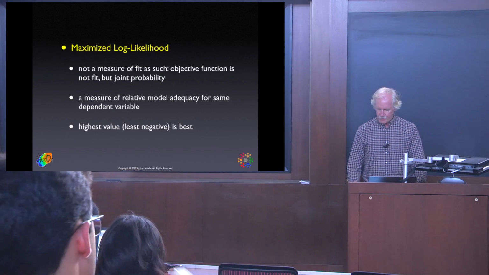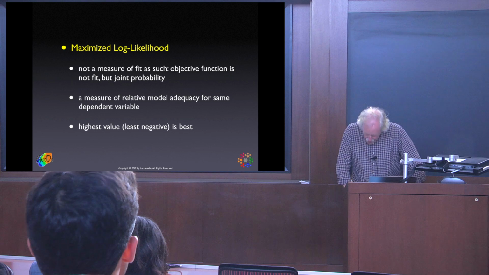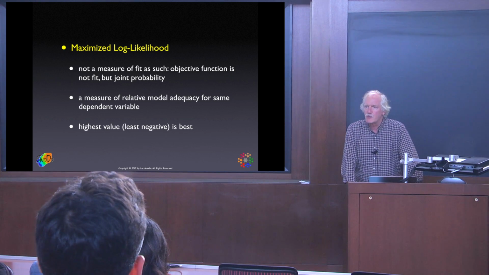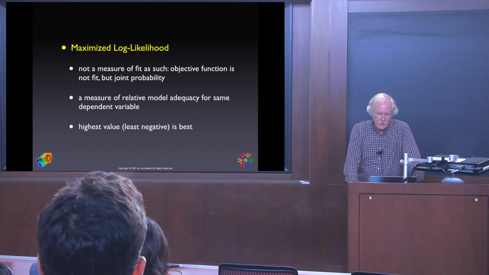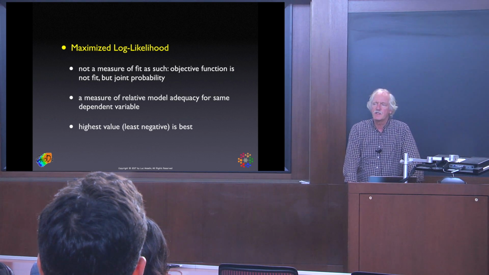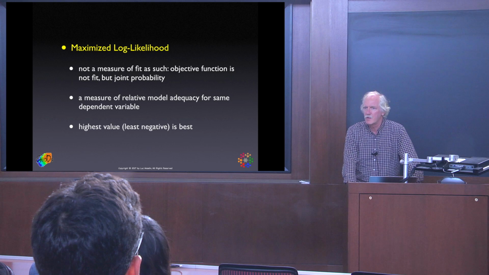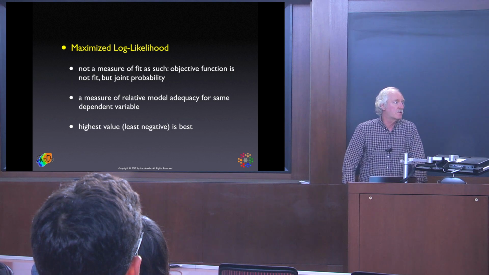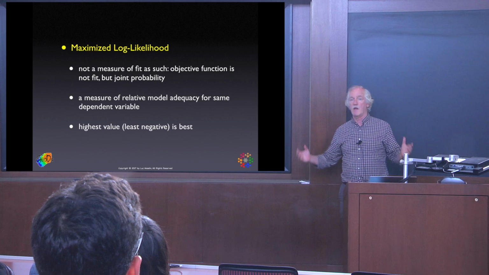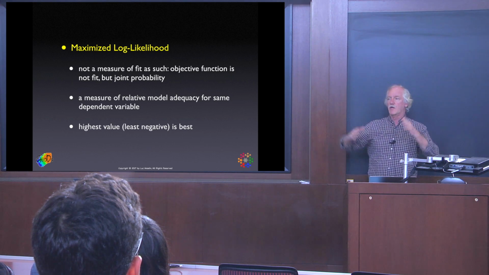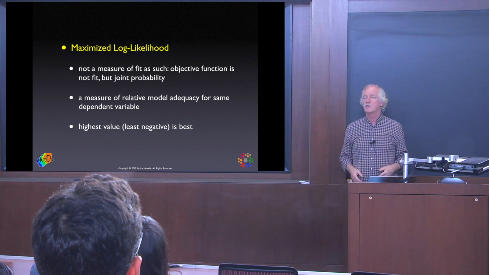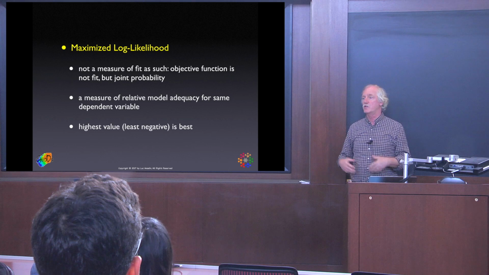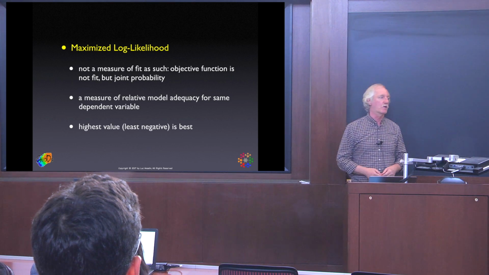So instead, what we can use is something which is not really a measure of fit, although it's often confused with a measure of fit. That's the notion of a maximized log likelihood. And you can think of this as, if you've done any optimization, the value of your objective function. So if you do, say, linear programming and you want to find out the best allocation of resources, and one allocation gives you 100 for the objective function and another allocation gives you 200, 200 is better than 100.